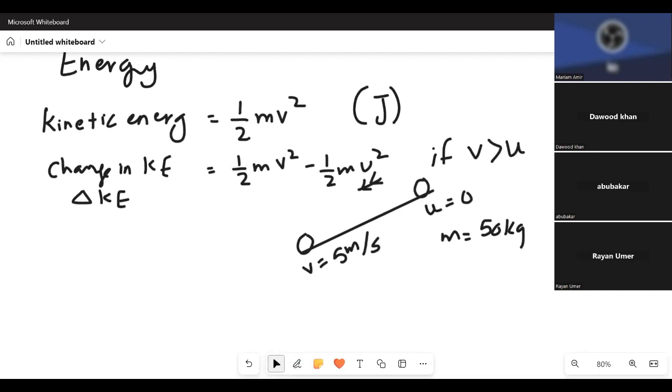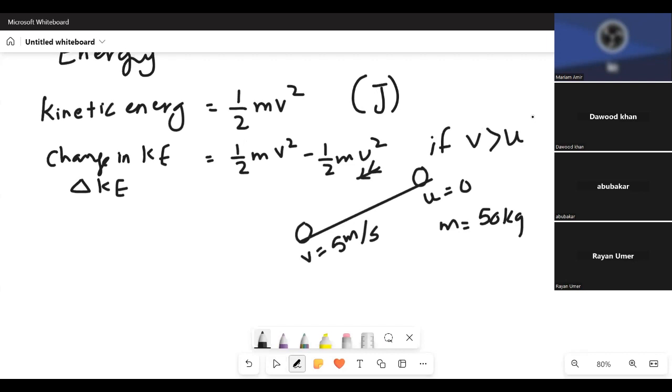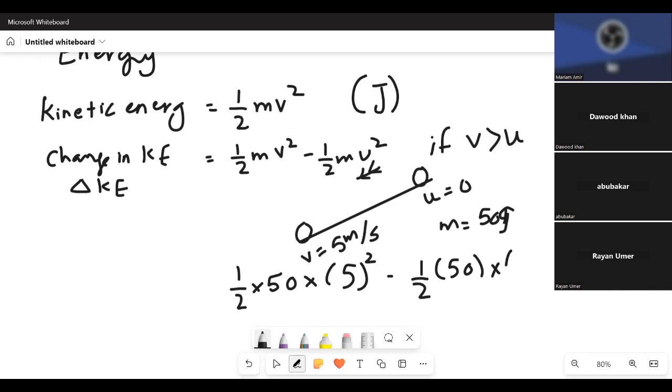Then the formula for change in kinetic energy would be half times mass. Sorry, mass should be in grams, not kgs. Into 50 into 5 square minus half times 50 times u square, which is 0.